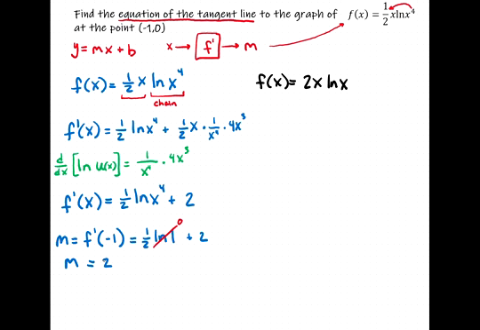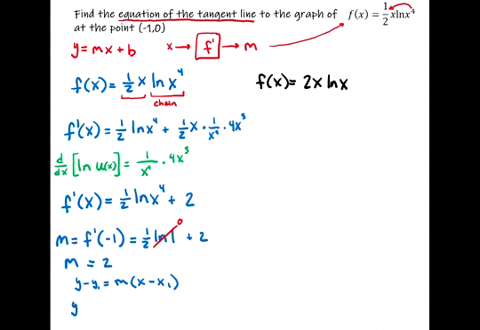And now to complete the equation of the tangent line, we could use the point slope form. y minus y1 is equal to m times x minus x1. So we plug in negative 1 for x1 and 0 for y1, and 2 for m.